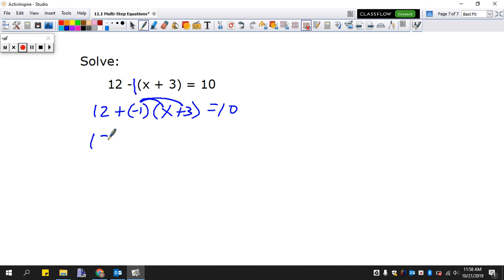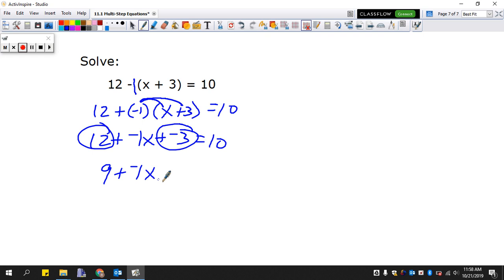So we end up with 12 plus negative 1x plus negative 3 is equal to 10. So combine the 12 and the negative 3. That gives us 9 plus negative 1x is equal to 10. We're going to subtract 9 from both sides. The 9's cancel out.